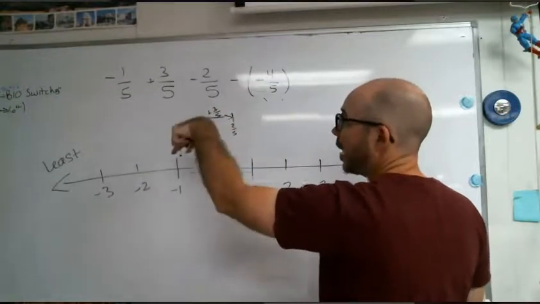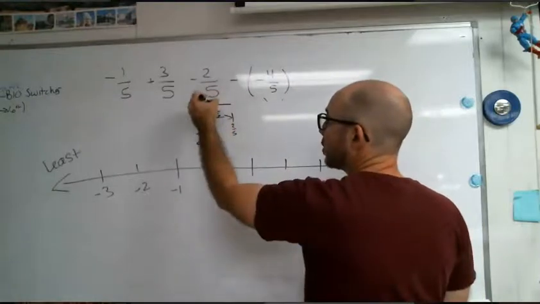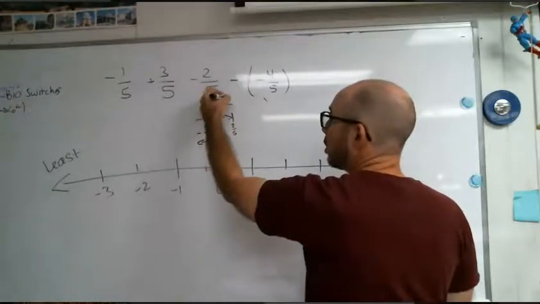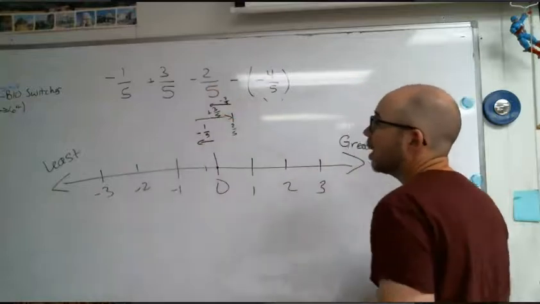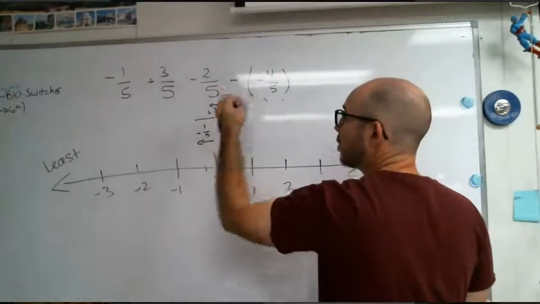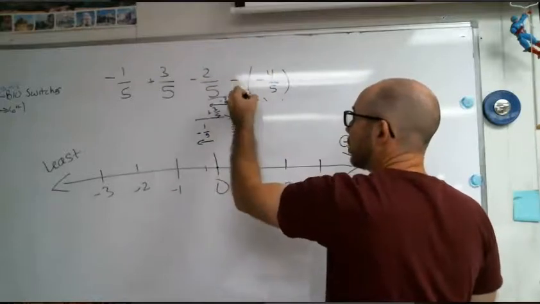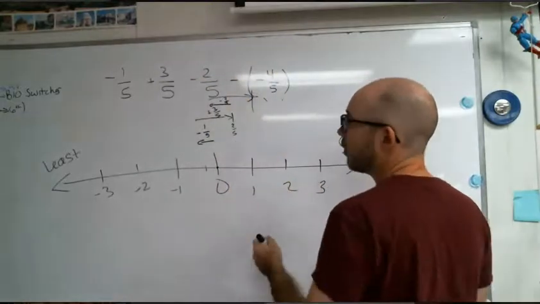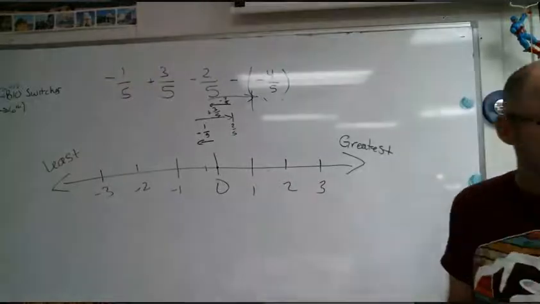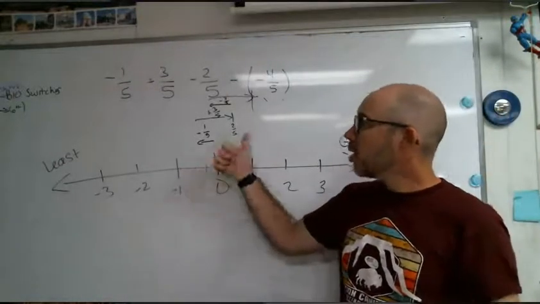Now we want to go backwards 2/5. That's going back this way, and now we're at 0 because we were at 2/5. And then lastly, we're going to go backwards a negative, which we already said was adding 4/5. We go this way and we end up at 4/5. That was the answer, right? So you can think of it as traveling to the left and traveling to the right.